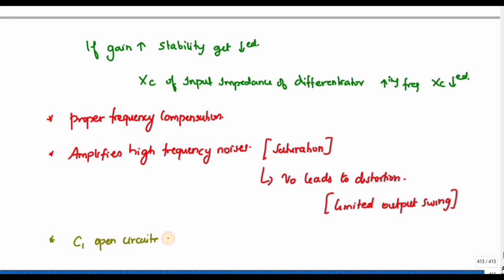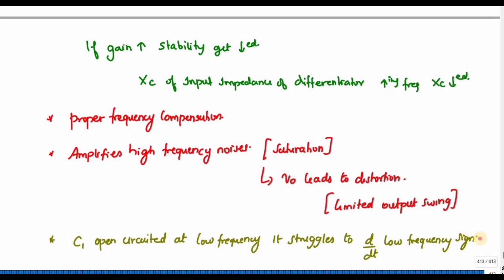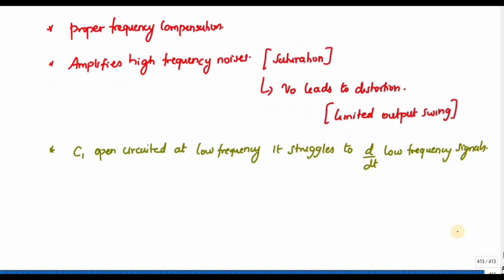There is a possibility that the capacitor C1 is open circuited at low frequency. So it struggles to differentiate low frequency signals.